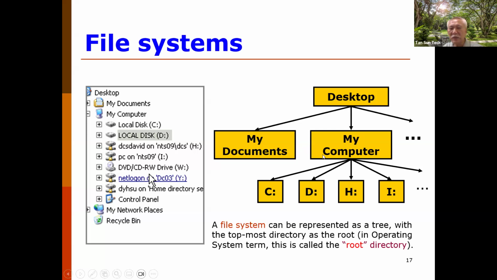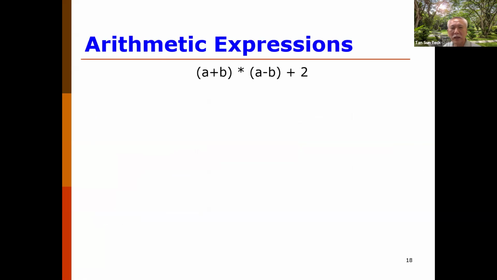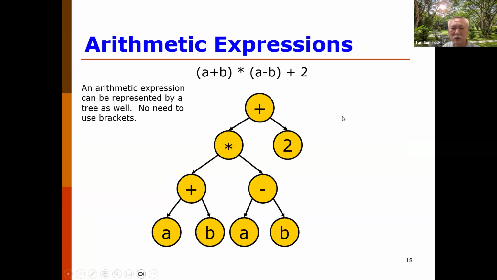Right, so you say a file system can be represented as a tree with the topmost directory as a root, right? In operating system terms, this is also called the root directory. And then we can also use a tree to represent arithmetic expressions, right? For example, given an expression like this, we can actually use this tree to represent it. So you say that an arithmetic expression can be represented by a tree as well, and there's no need to use brackets. So for example, this expression, we find that 2 plus is this.